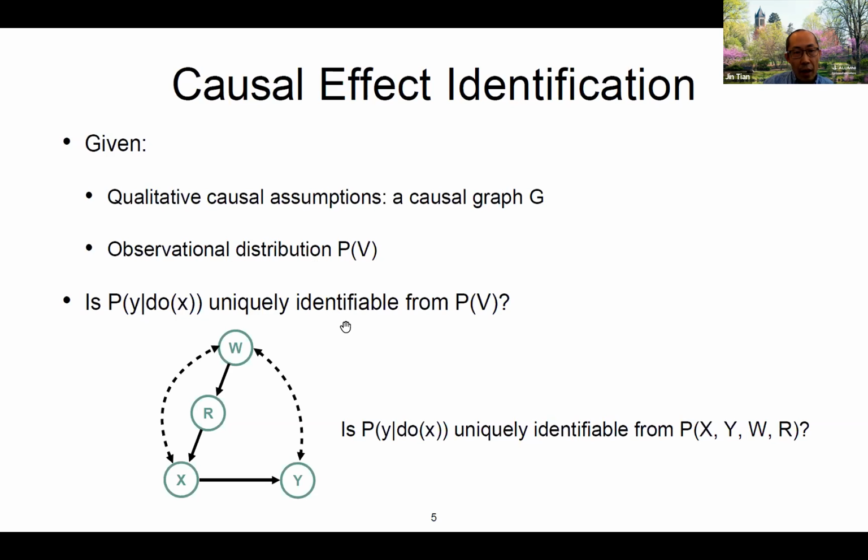On the other hand, if the causal effect is identifiable, then we can express it in terms of the joint distribution. For example, in the napkin graph, we may ask, is the effect of X on Y uniquely identified from the observed distribution over X, Y, W and R?